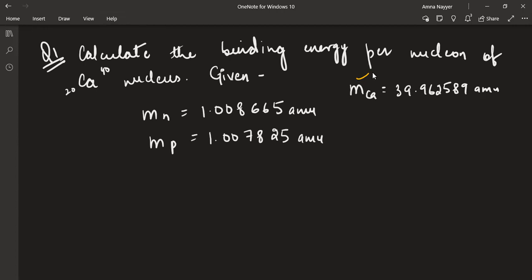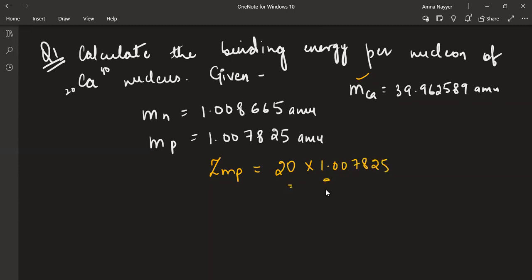Now see, ZMP, the total mass of protons. Number of protons present is 20. So you will write 20 multiplied by the mass of proton, that will be 1.007825. I will not round it off, I'll write it exactly, 1.007825.